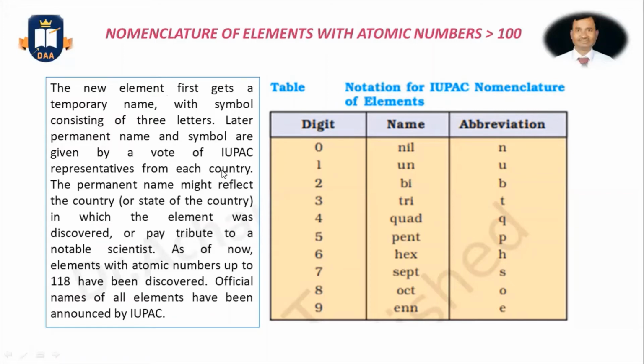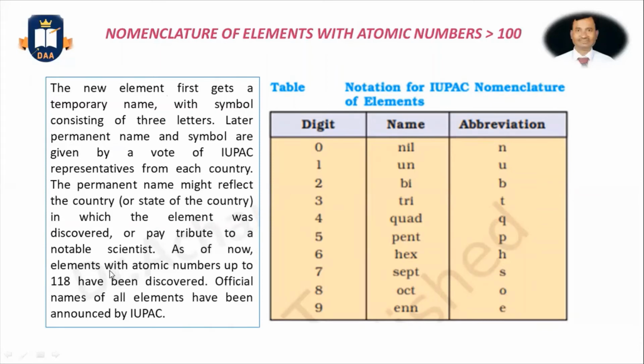And this is a systematic approach from the IUPAC to create a name for a newly discovered element. And the permanent name might reflect the country or the state of the country in which the element was discovered or pay tribute to a notable scientist.